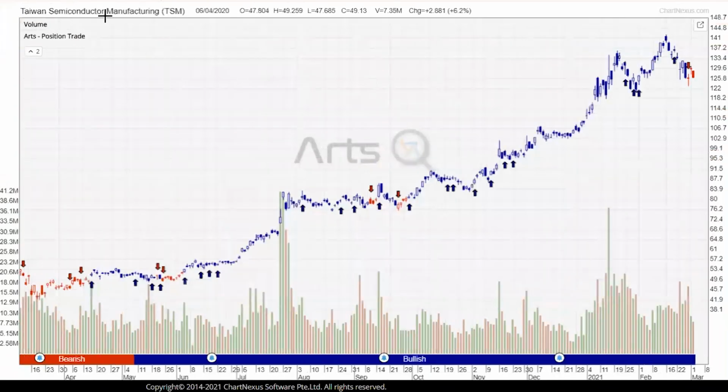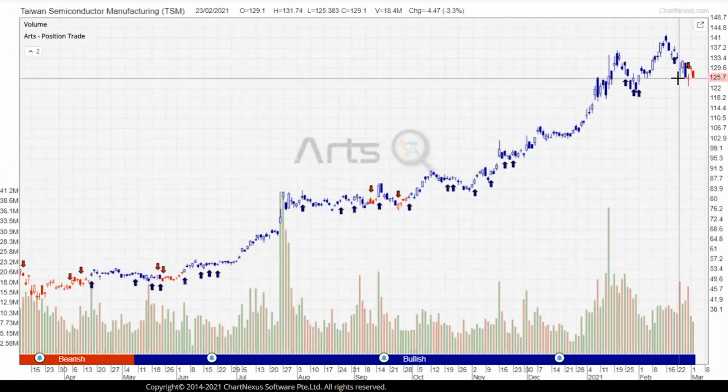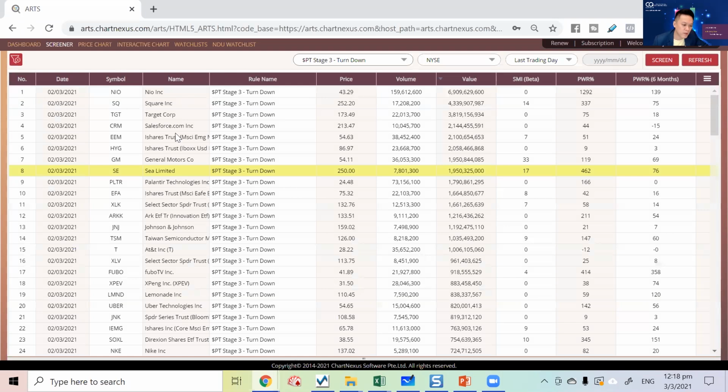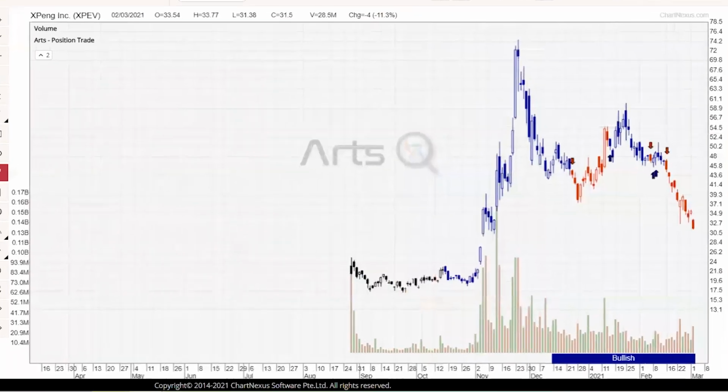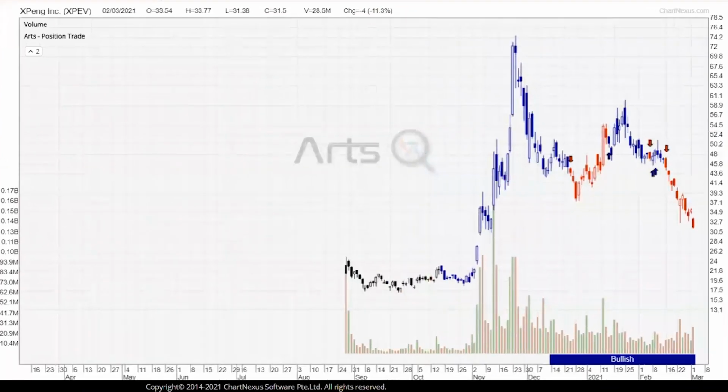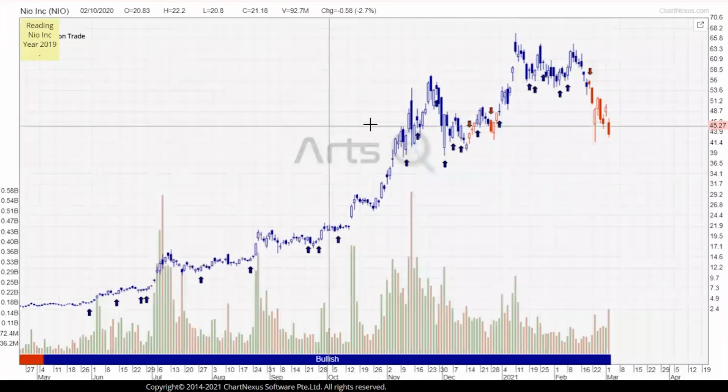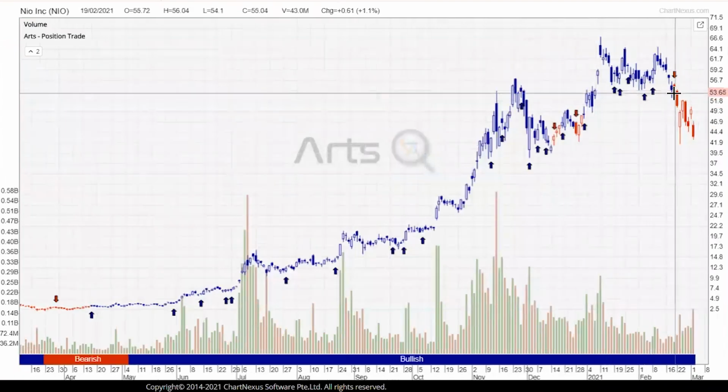Even TSMC, which has been up for so long, turns red. Of course, right now we will say that it hasn't really crashed or dropped yet. But based on what I see here, Xpeng and others have been weak so far, which means the funds have been flowing out of the stocks, and the money has not come back yet.